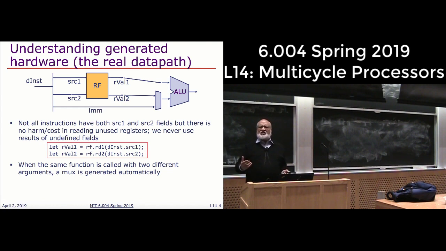These are combinational reads. It doesn't matter what you read. So you can take any 5 bits and any address you want and read it. We'll just be very careful in our use that we never use a value when the register source itself is undefined in the instruction. But in terms of hardware, just reading it every time, there is no cost to it. You can just always do that.